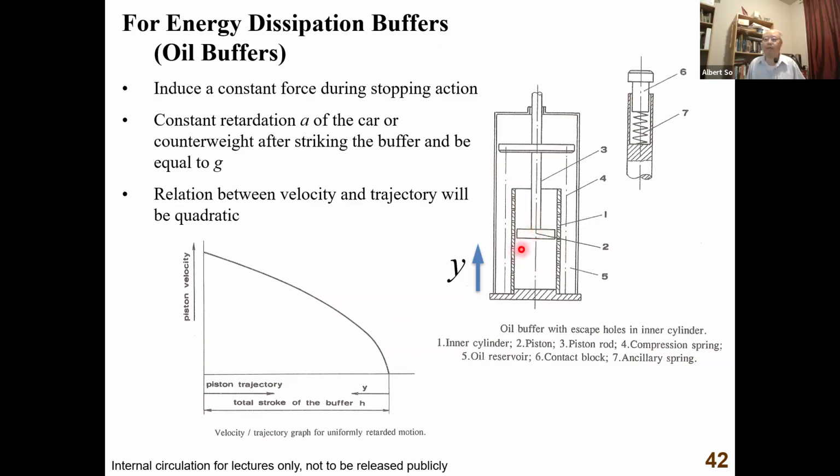And remember, the pressure built up here times the area of the piston is equal to the upward force. This force is used to slow down the car, right? And this is the equation to find out the relationship between the stroke and the speed. At the moment when the car just hits the piston, the speed is highest, and then it will gradually die down until it stops.